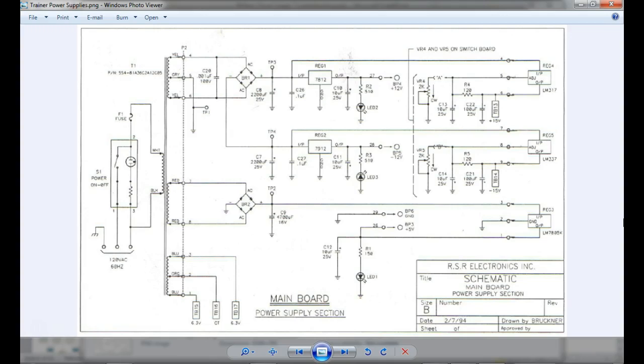That's the procedure for calculating the primary fuse on a power supply.